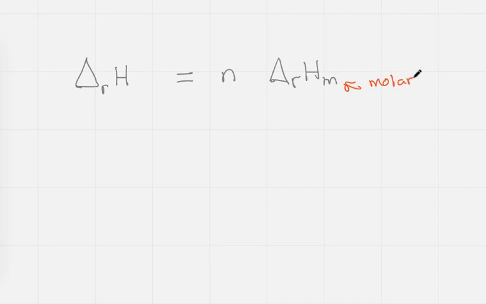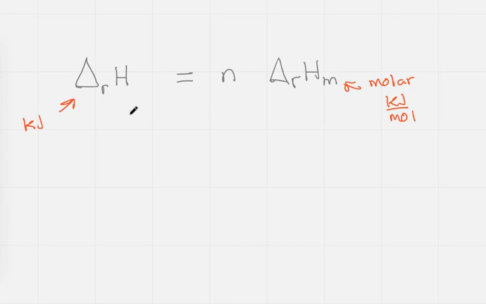This reminds you that this number should be given in kilojoules per mole of something. It shouldn't just be kilojoules. This one that does not have the M is a total enthalpy, and that should be measured in just energy units.